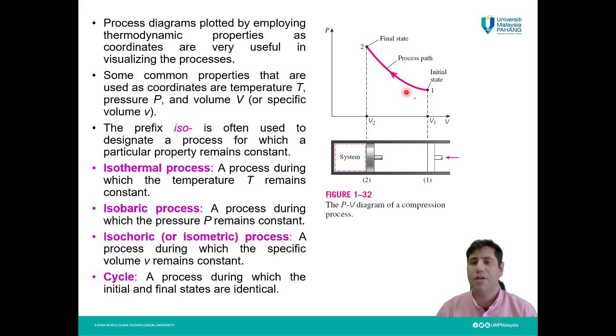If it again comes back to state 1 by another process, we call that a cycle. So the cycle can be a combination of different processes. We can have two processes, from 1 to 2, and from 2 coming back to state 1, then it makes a cycle.